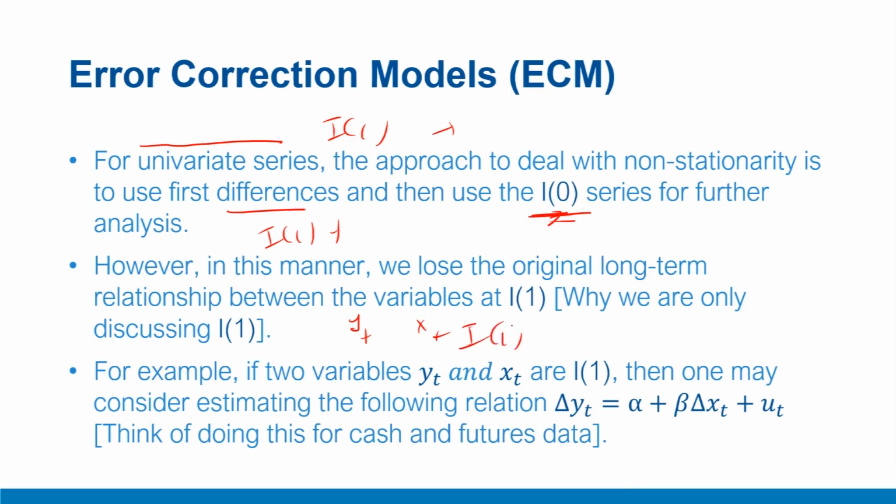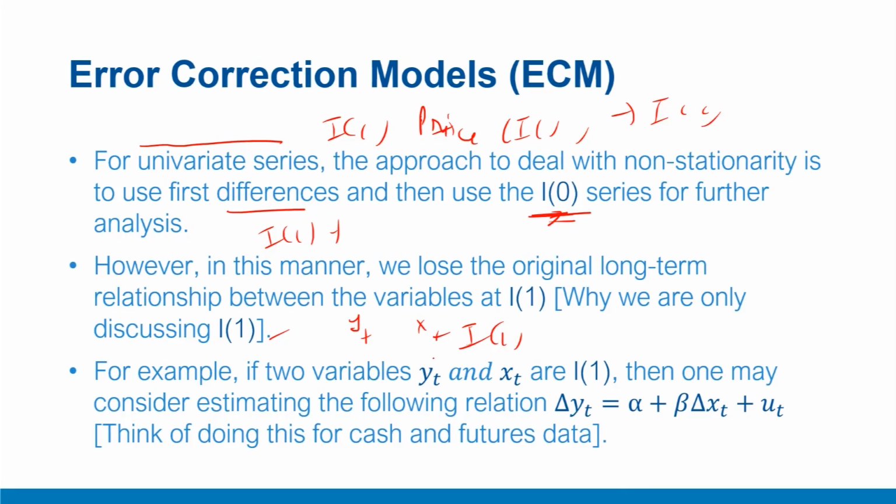Why not I2, I3 and so on? Generally, in finance and economics, we mostly have series like I1. For example, prices would generally be I1, or similarly other series such as GDP would be I1. You convert them into I0 by taking a log return kind of form. So when you convert them into first difference or return form, they become I0.